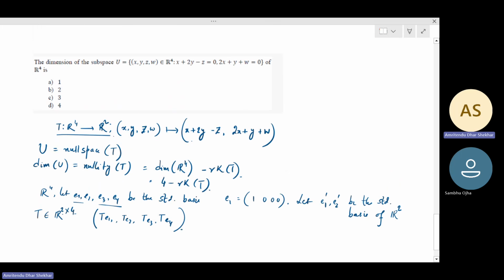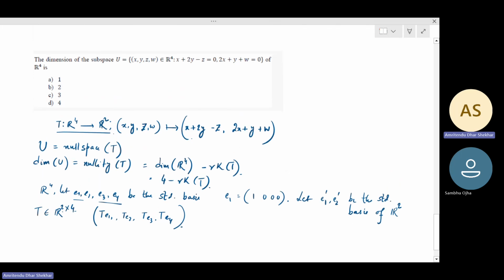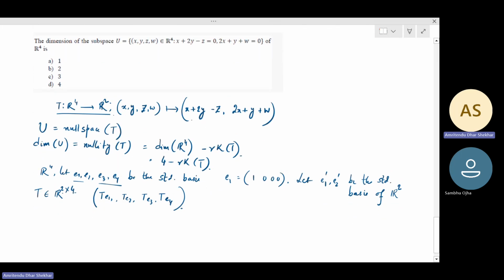So let's compute it. What is T of E1? Here x is equal to 1 and y, z, w are all equal to 0, so this is going to be equal to 1, 2.